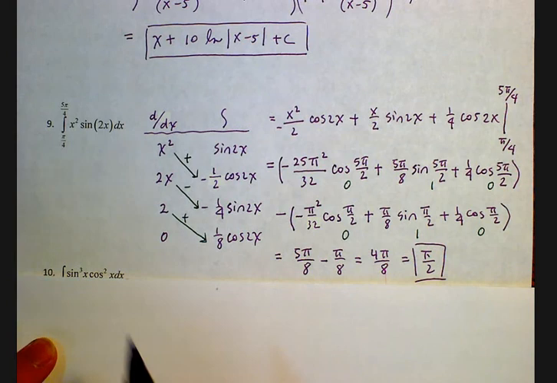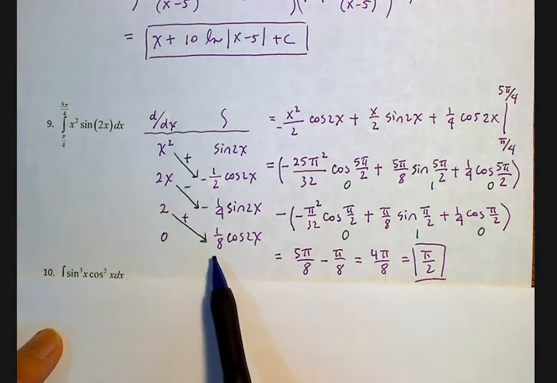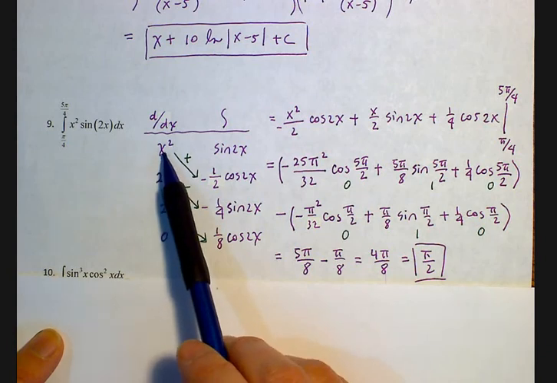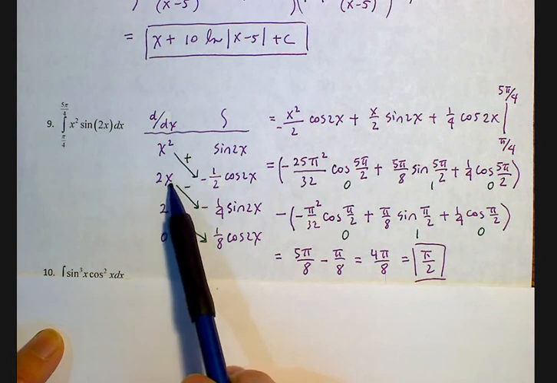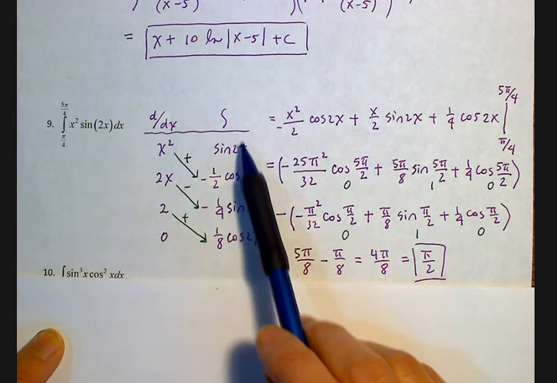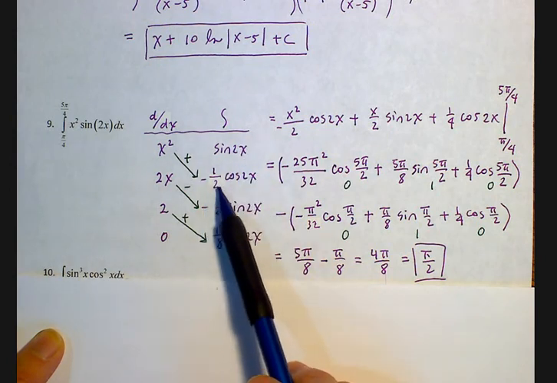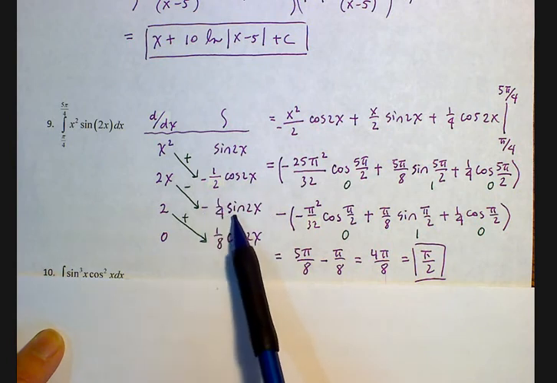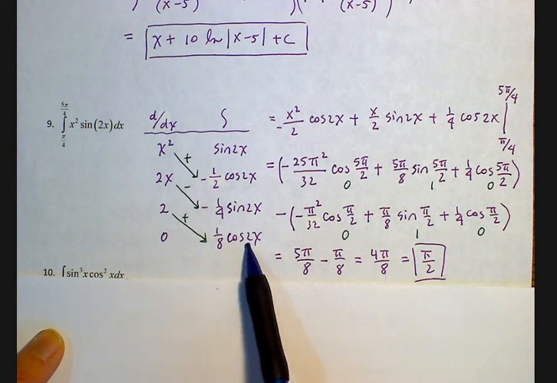Okay, for problem number 9, I'm going to first calculate the integral by using the tabular method. So the derivative side is x squared, and then the derivative is 2x, and that derivative is 2, and then you get 0. On the integral side, you have sine of 2x, so that integral is negative 1/2 cosine 2x, and that integral is negative 1/4 sine of 2x, and that integral is 1/8 cosine of 2x.